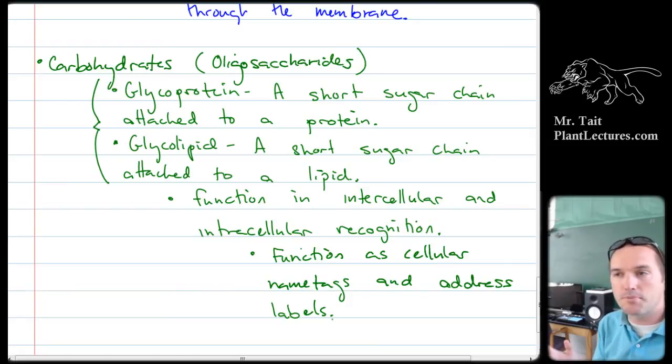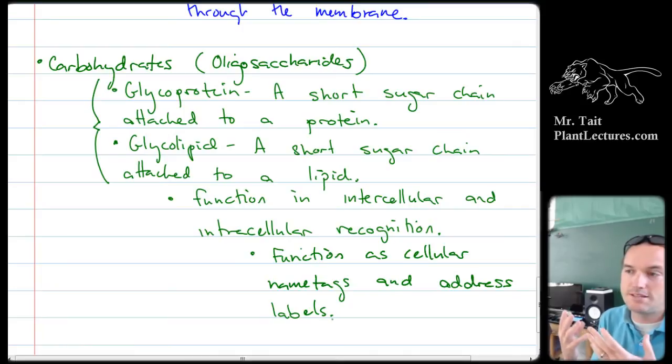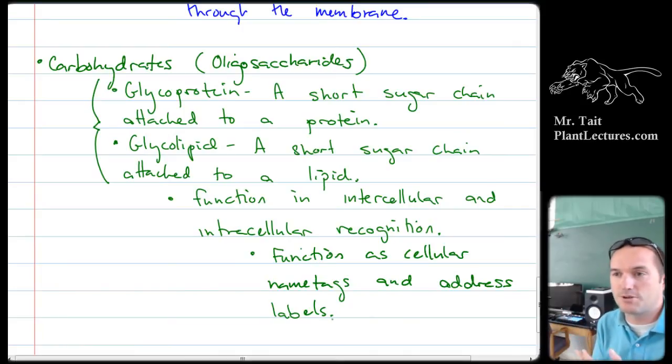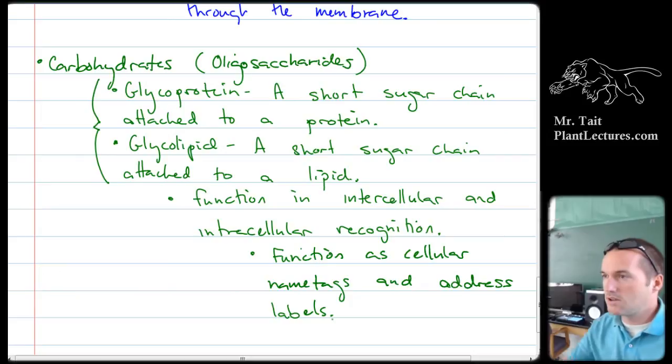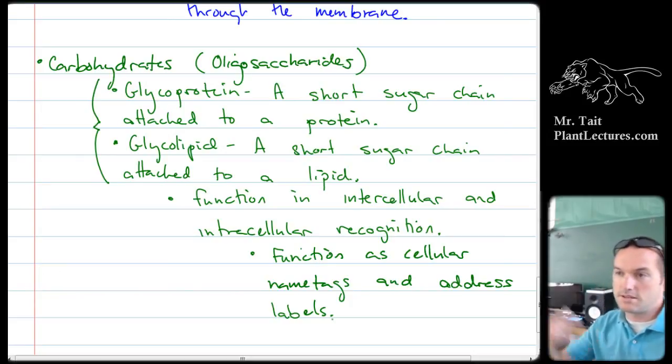It only becomes a problem when those cells start to do things like not showing their name tags on purpose. Let's say it's a cancerous cell, and it's got its name tags modified. So instead of showing a name tag that says I'm a kidney cell, or I'm a liver cell, or a heart cell, it just doesn't show that one. The immune system cell comes along and says, show me your Mr. Tate name tag.